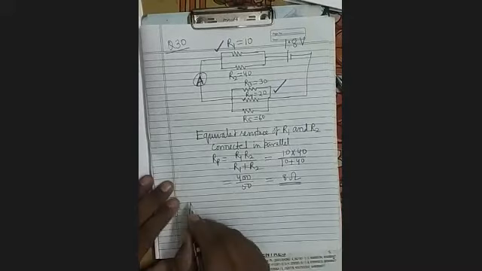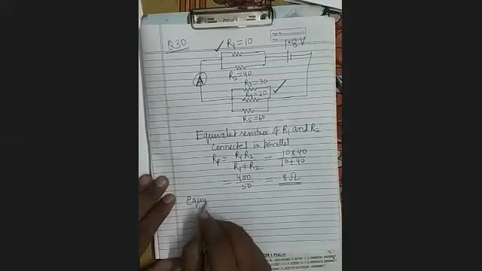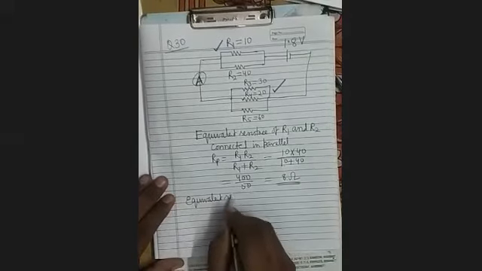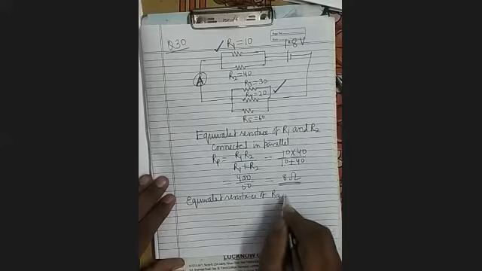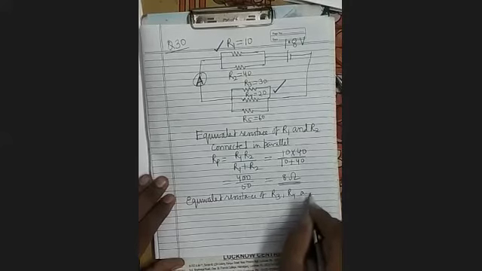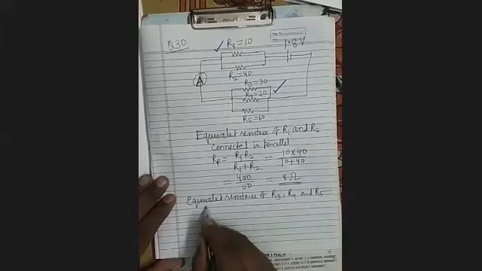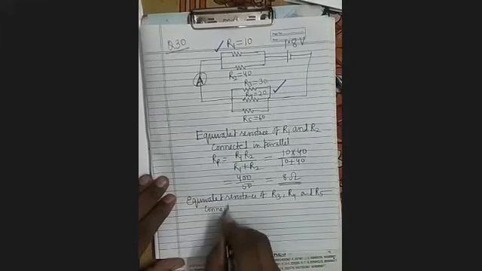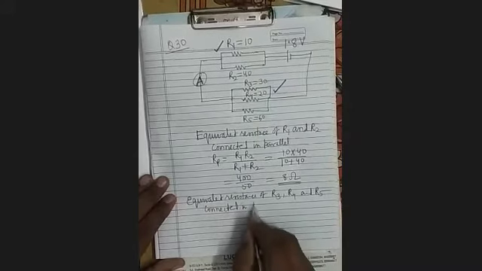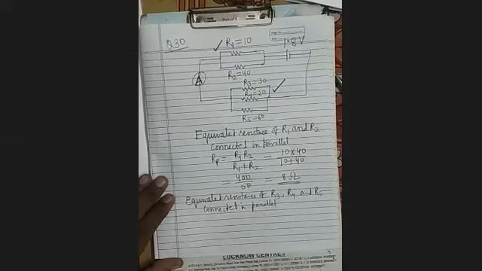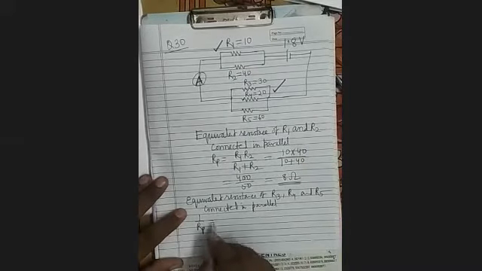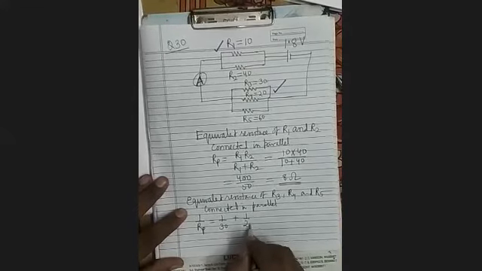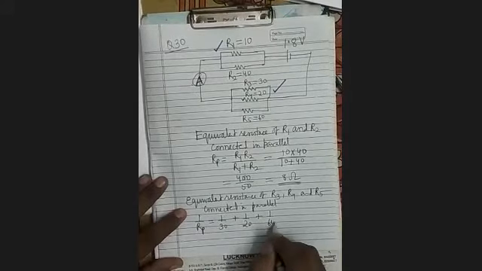Now equivalent resistance of R3, R4 and R5 connected in parallel. So see here, we will determine by using 1 upon Rp equals 1 upon 30 plus 1 upon 20 plus 1 upon 60.